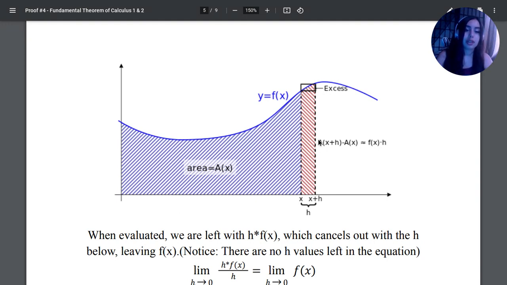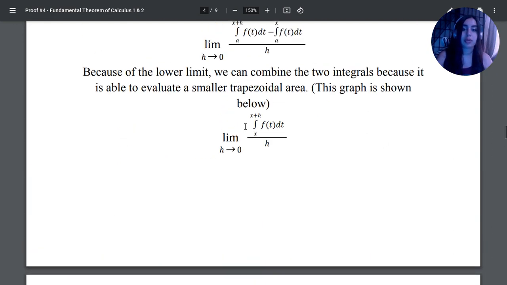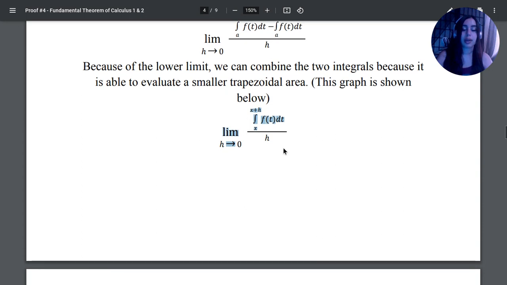And because of this, we can see right here, our A of x plus h minus A of x is also equal to f of x plus h times h, I mean. And we're evaluating this little area right there, which is why we're able to do this and combine the two.